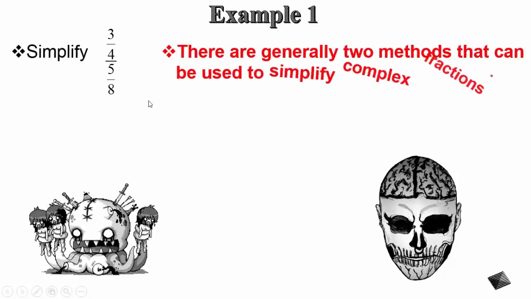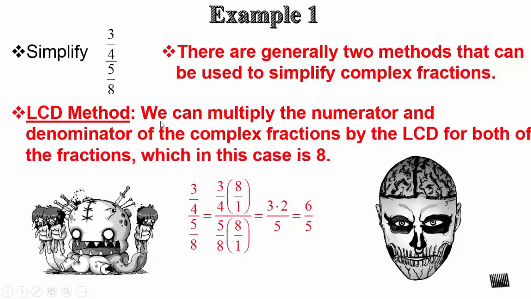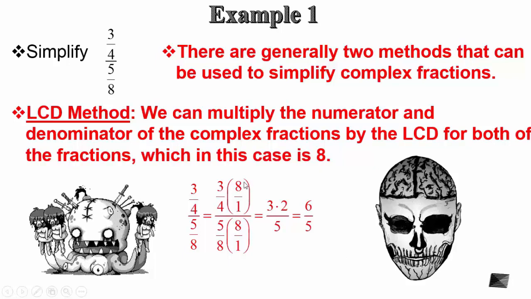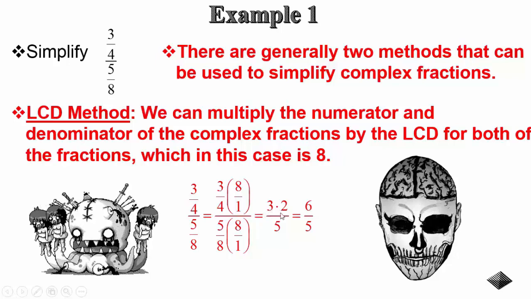So I'm going to simplify these. And here I have 8 over 1 and 8 over 1 on both the top and the bottom. And I notice that 4 goes into 8 2 times, and 8 cancels out 8, so we are just left with 5, and that leaves us with 3 times 2 over 5, and 3 times 2 is 6, so our final answer is 6 over 5 using the lowest common denominator method.